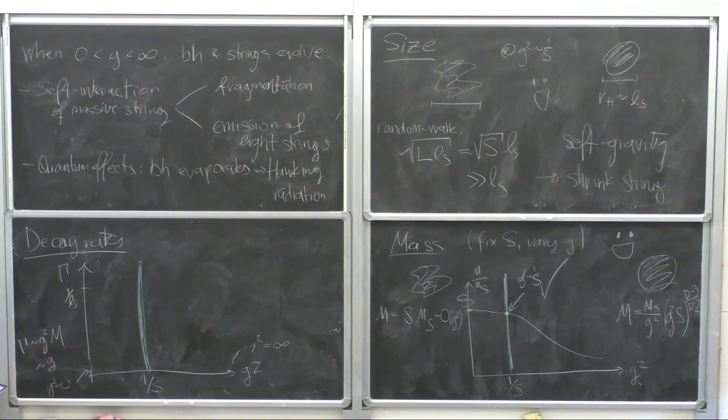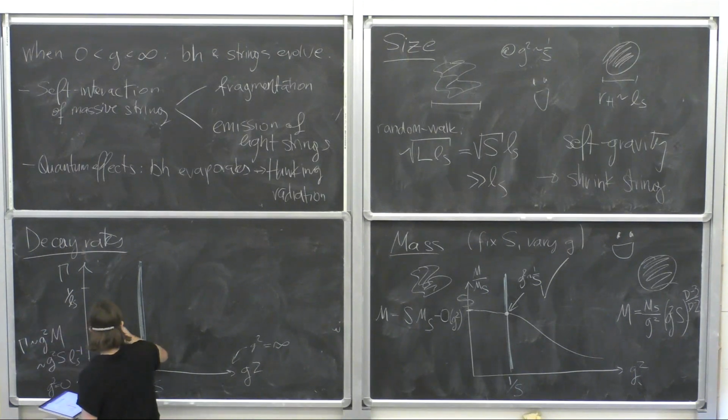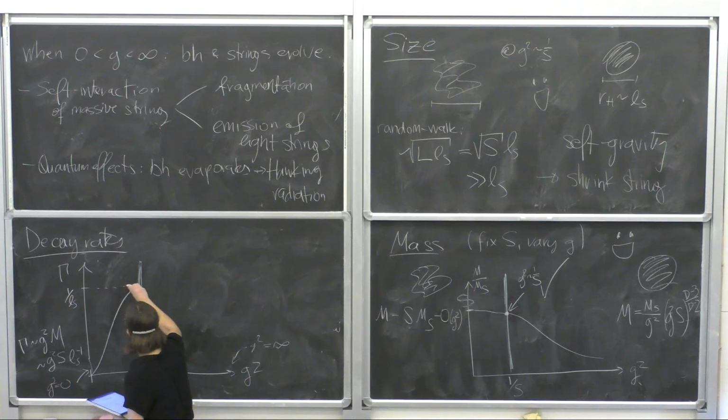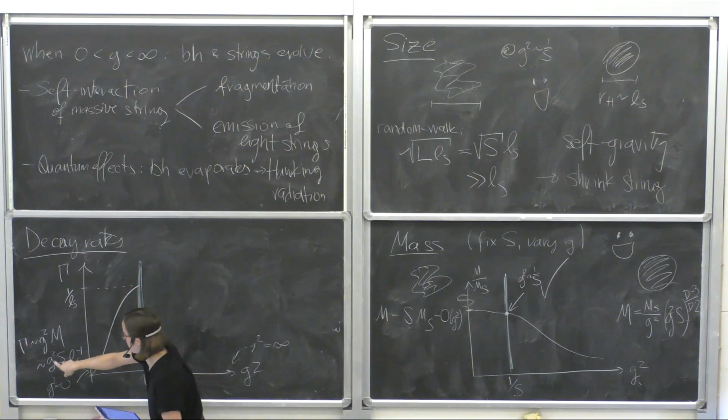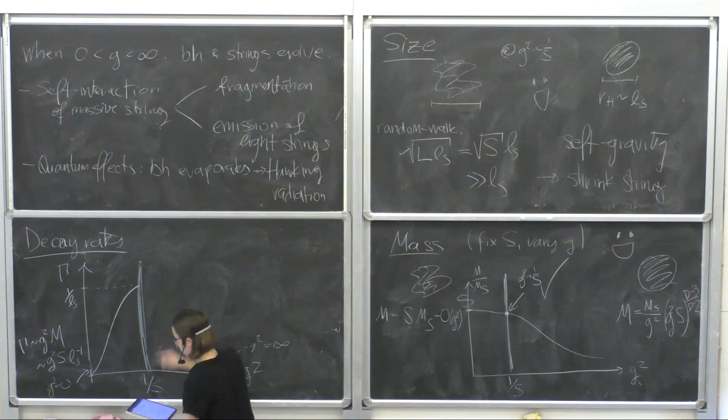So the thing I have to replace it by is the entropy. So that's g squared S and then L_S to the minus 1. That's the decay rate of a string, and this goes something like this, roughly speaking. And it reaches 1 over L_S when g squared is 1 over S, the correspondence value.